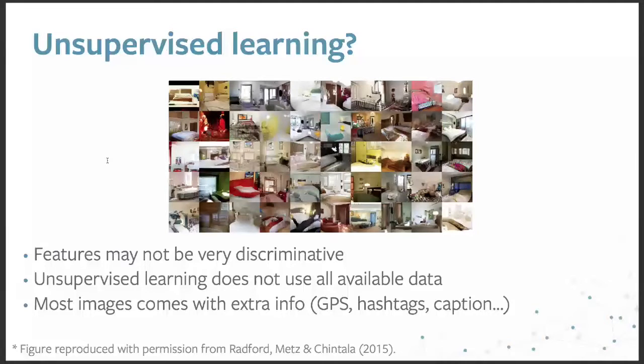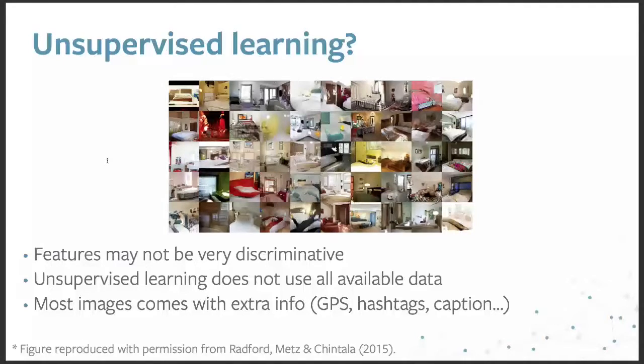Another approach, very popular currently, is to use unsupervised learning, like GANs or autoencoders. They seem very promising, have very good early results, and can scale to as many images as you want, and you don't need anything else. There are a few issues with that.